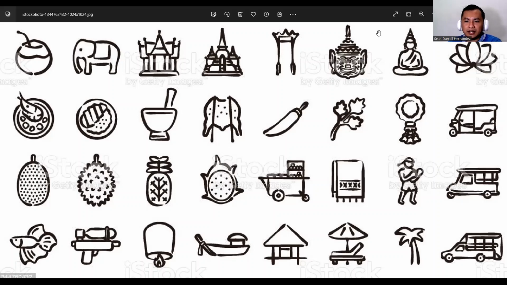Let's go to the elements of art. What are the elements of art that you notice in the artworks in Thailand? Okay, so you notice that in terms of lines and shape, they use something that is wavy or curved, and there's a pointed end.